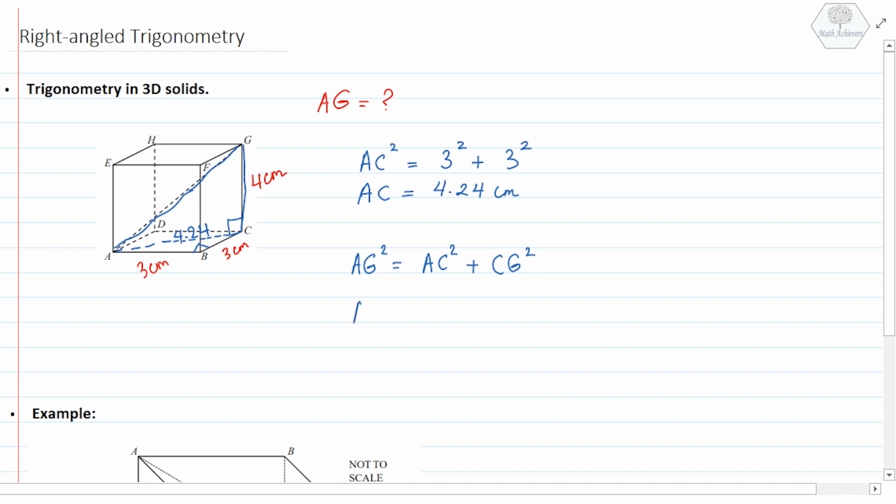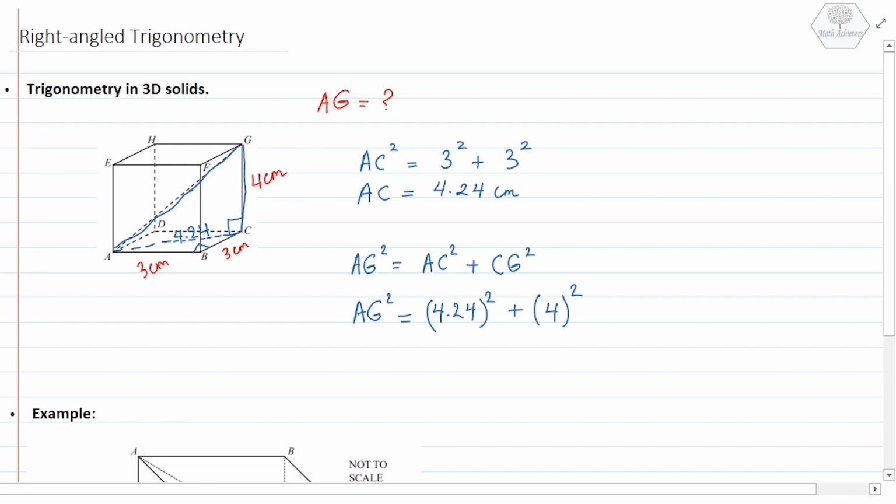So AG squared is equal to, AC squared is 4.24 squared, plus CG squared, which is equal to 4 squared.